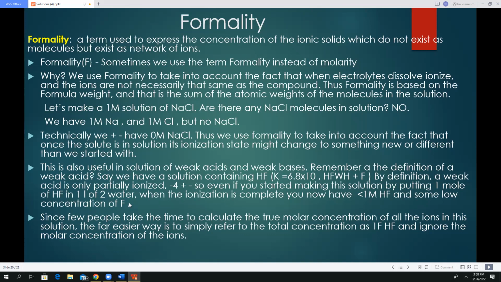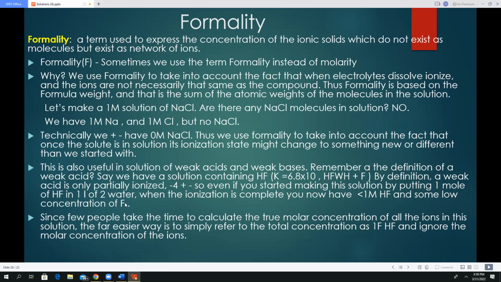So over here, for example, a weak acid is only partially ionized. Even if you start making this solution by putting 1 mole of hydrogen fluoride in 1 liter, you will have less than 1 molar hydrogen fluoride and some fluoride.